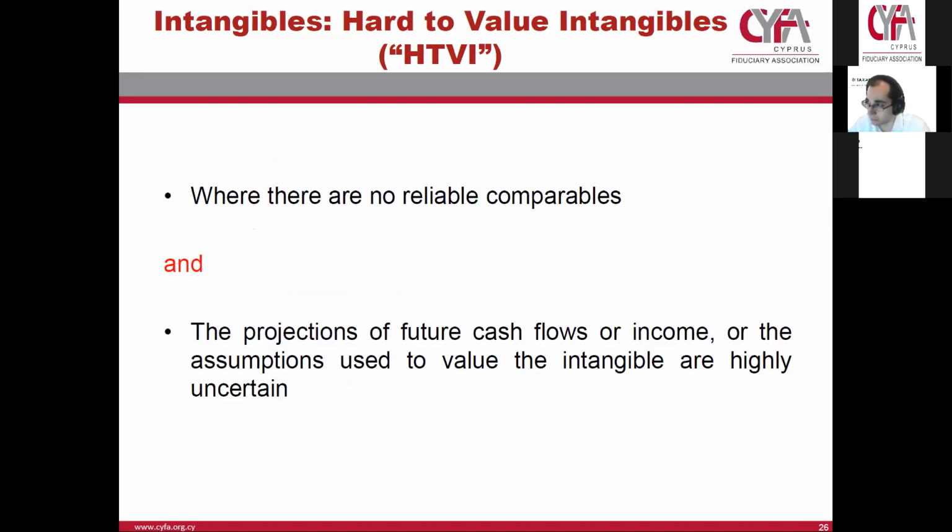So what are hard to value intangibles for the OECD? They are intangibles where there are no reliable comparables, and where the projections of future cash flows are highly uncertain. A classical example would be what is called blue sky research and development.